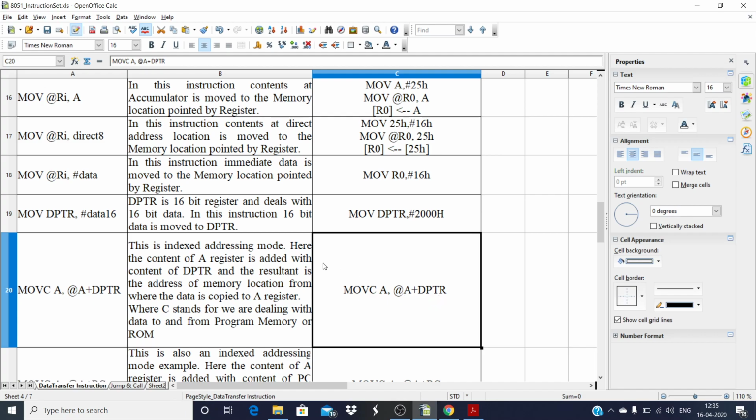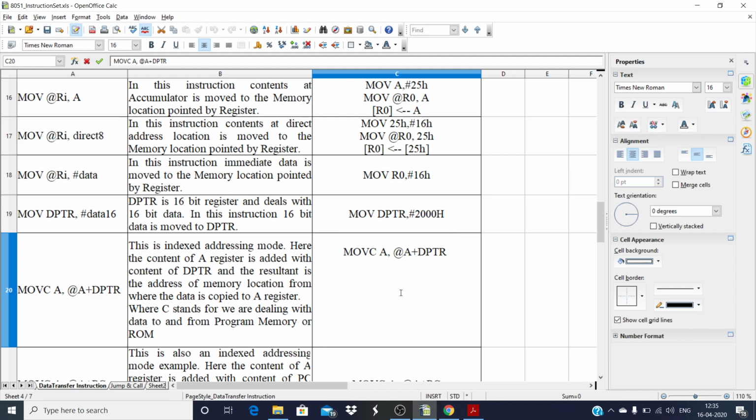To explain this example in more detail, I will show you. First of all, clear the contents of A with CLR A. It will clear the content of A, so the value of A will be 0. Next, we'll initialize DPTR with something.